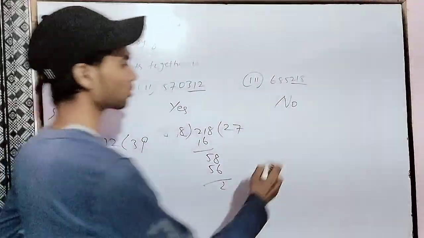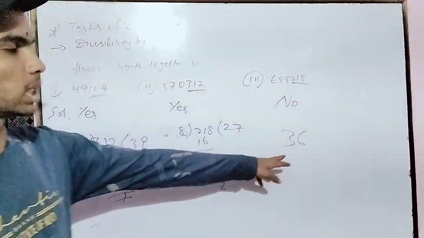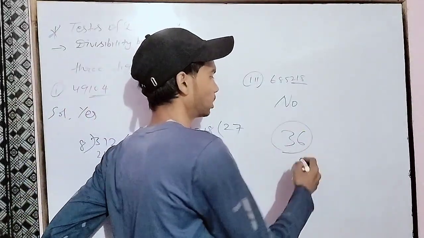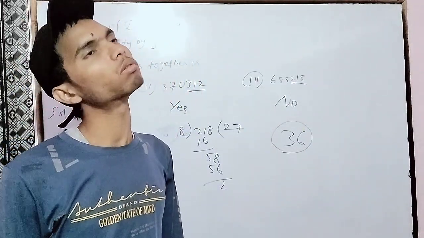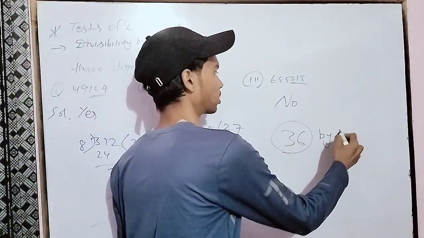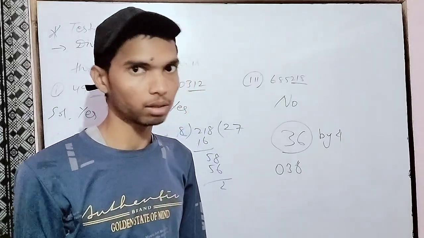Now 36. Tell me, is this whole number divisible by 4? If not, then no. This is yes, this is divisible by 4. So is this divisible by 8?